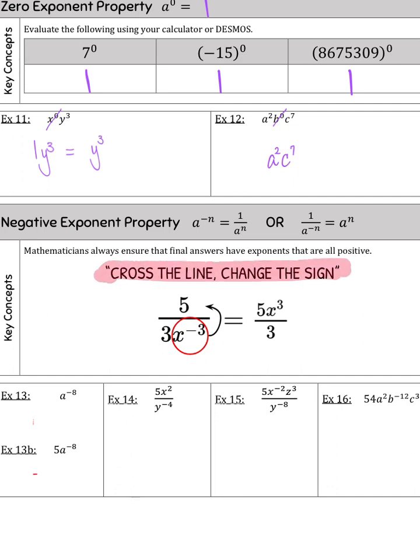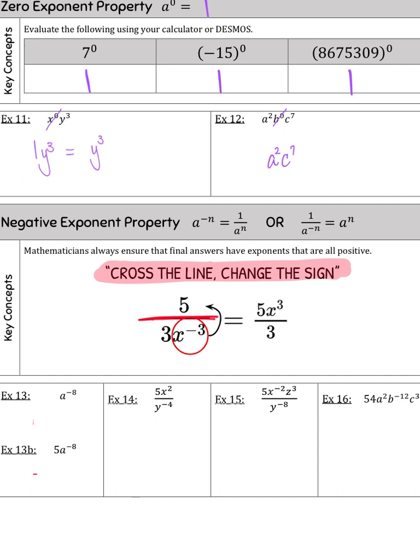When you cross the line, you change the sign. The line that I'm talking about this time is going to be my fraction bar, because all numbers can be made into a fraction, whether it's a whole number or it's already a fraction.